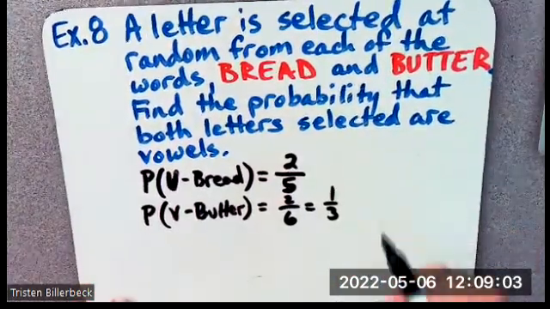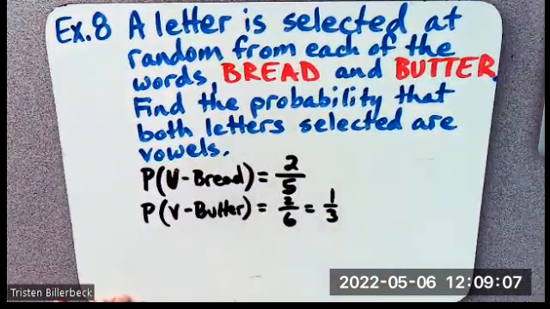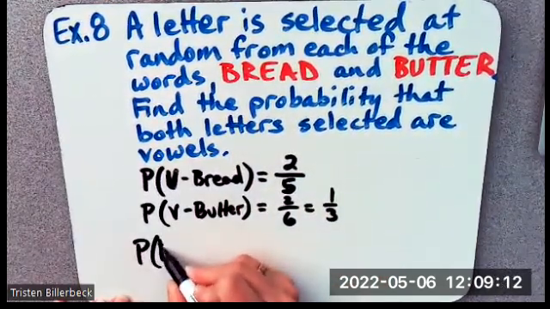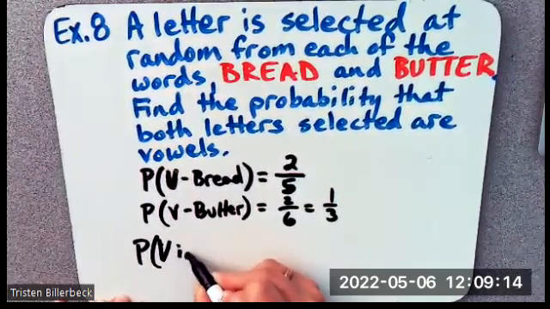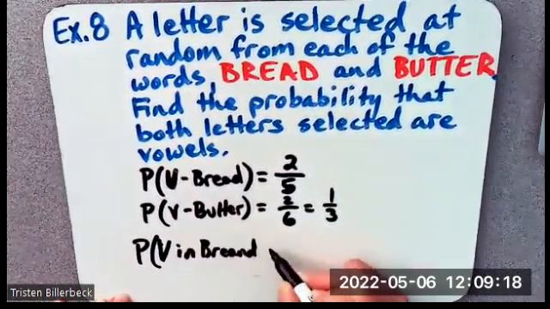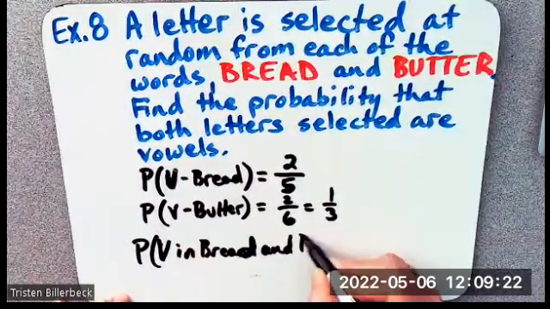So now we look at the probability that both letters selected are vowels, in bread and butter.